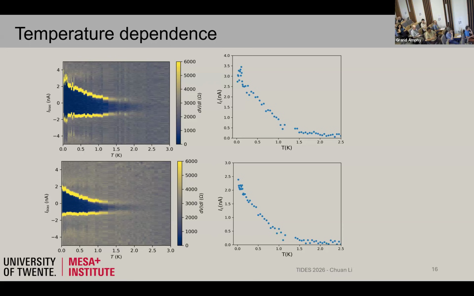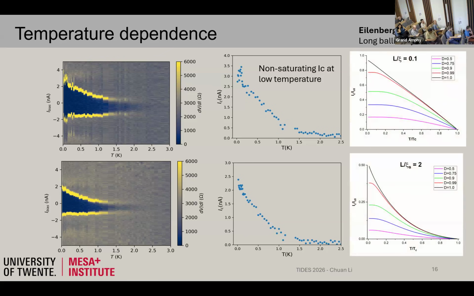So this here is, if I'm not mistaken, I think the lowest temperature is 50 millikelvin. So there's no saturating behavior here. And it sounds a bit crazy, but if we think about this temperature dependence, the diffusive or ballistic or transparent or non-transparent, all this taken into account, the only way to produce this non-saturating behavior is to have a long ballistic junction.